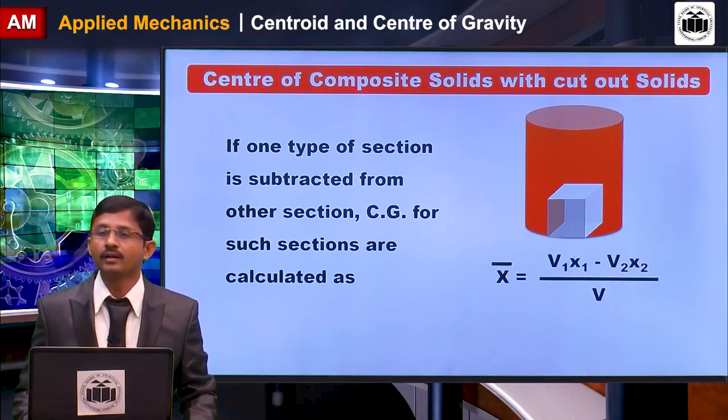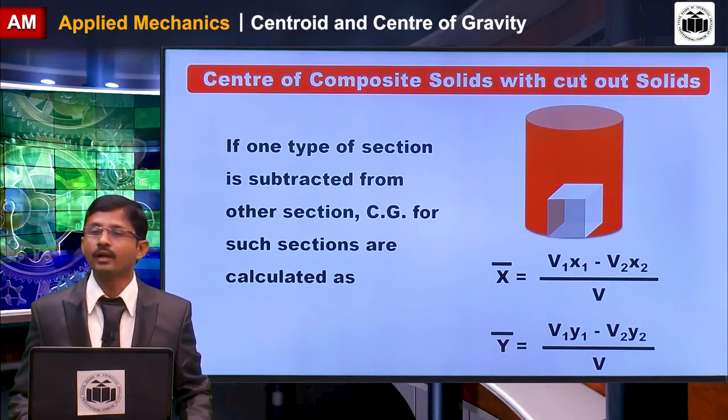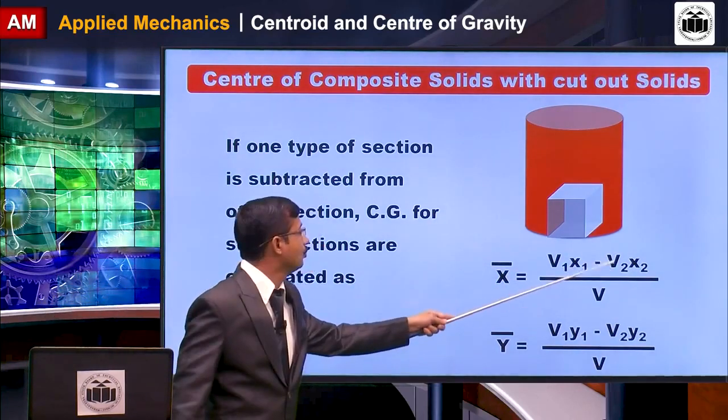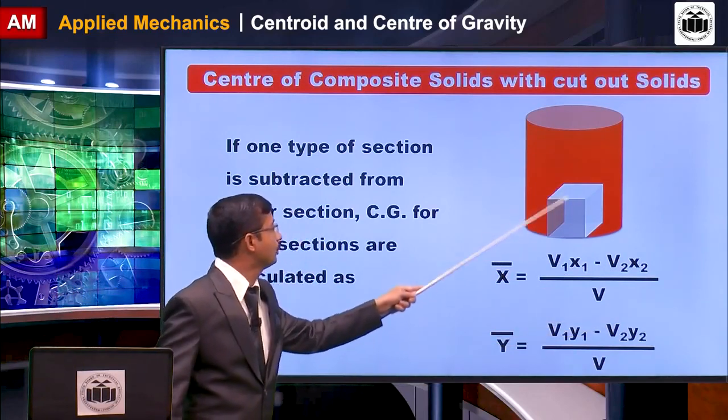X bar can be calculated as V1 x1 minus V2 x2 divided by total volume, and y bar can be calculated as V1 y1 minus V2 y2 divided by total volume. Here in the second term you have to subtract V2 x2 and V2 y2 because we have to remove this particular cube.